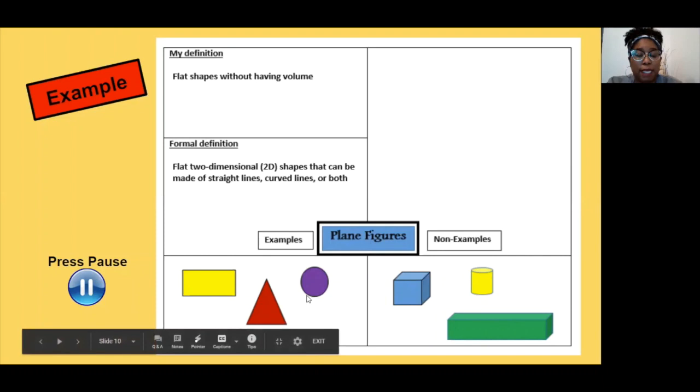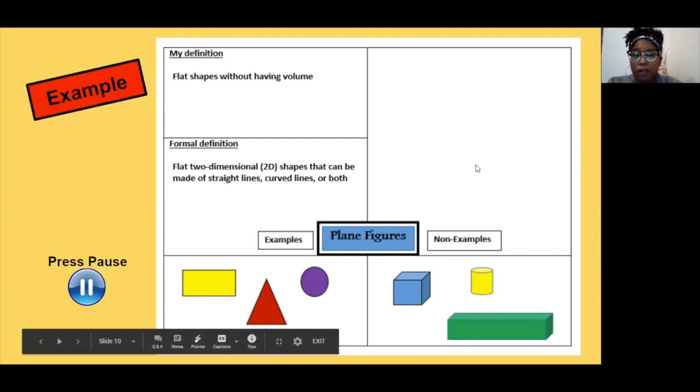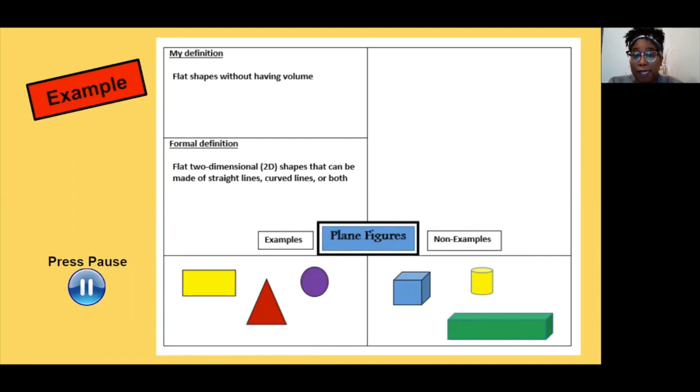Here are some examples: flat, two-dimensional. Non-examples: they are 3D shapes. So this is just an example of how your graphic organizer can look. Feel free to turn this into a family project or a family activity.